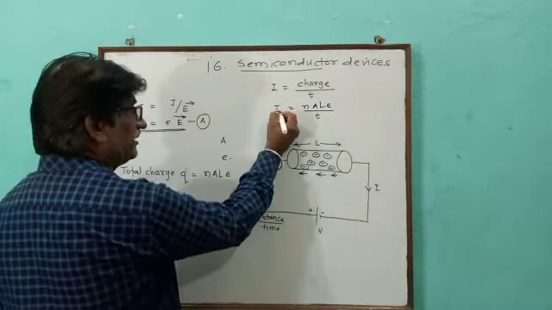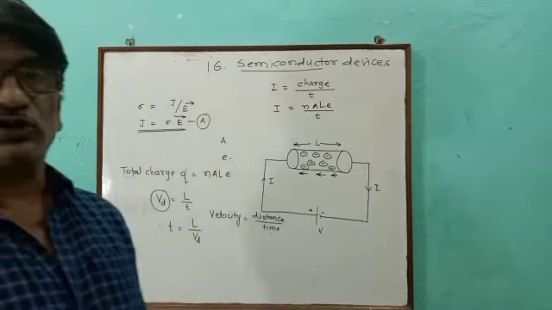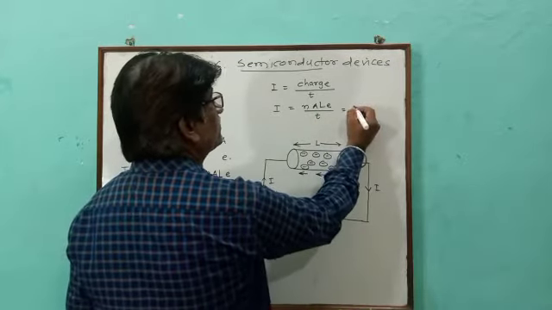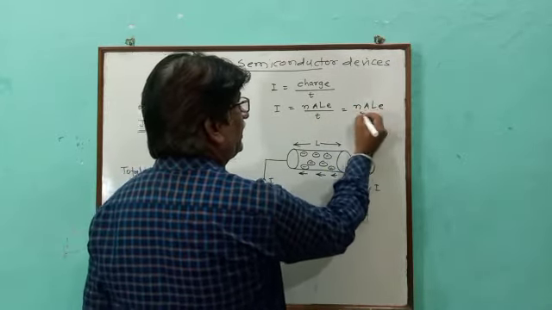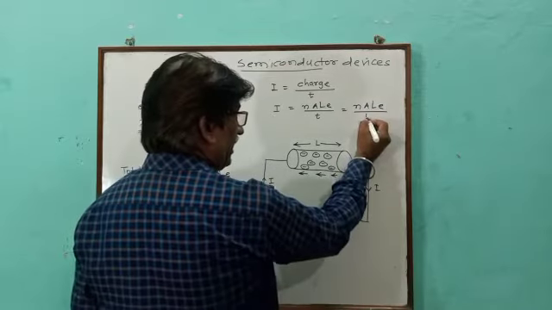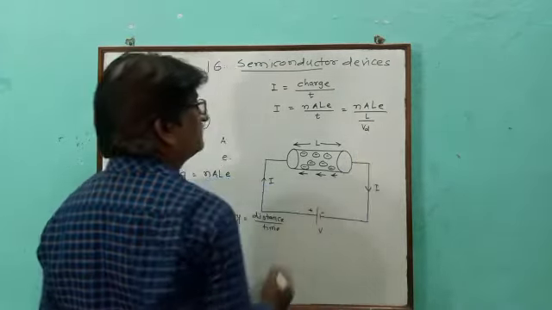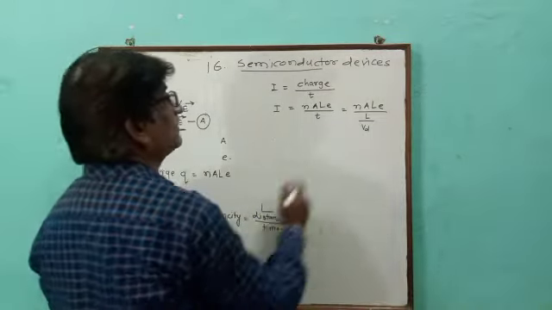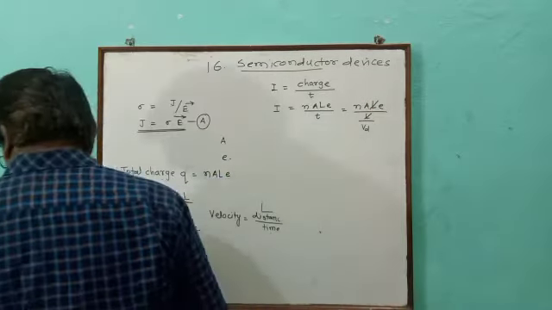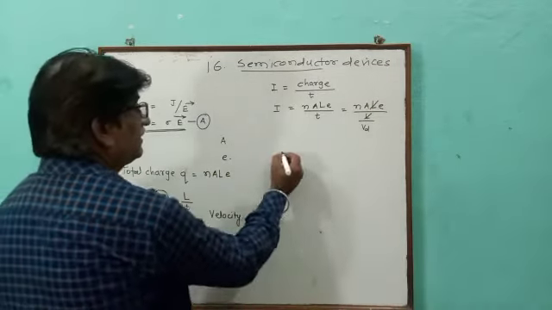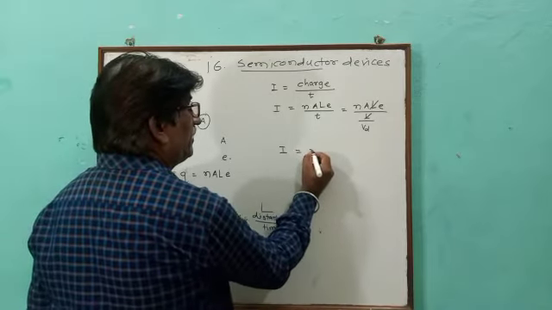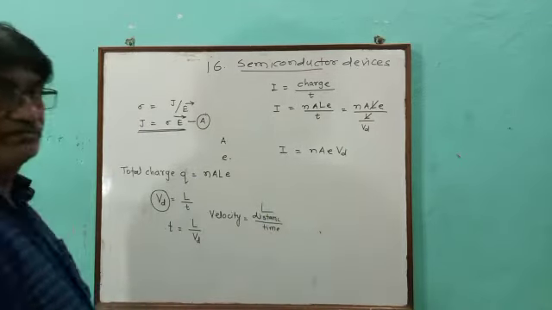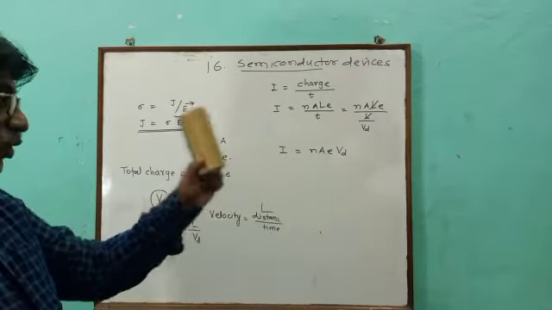Substituting t, it becomes N A L e upon L upon Vd. See here, L gets cancelled, so the current inside the metal is N A e Vd.